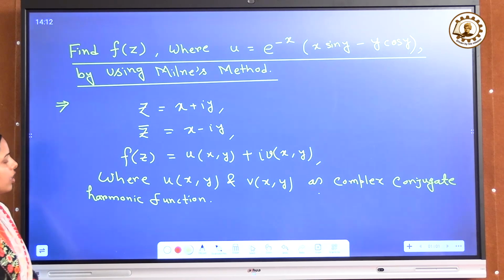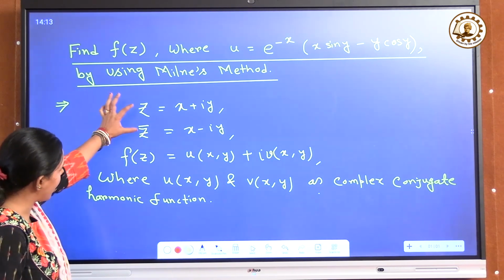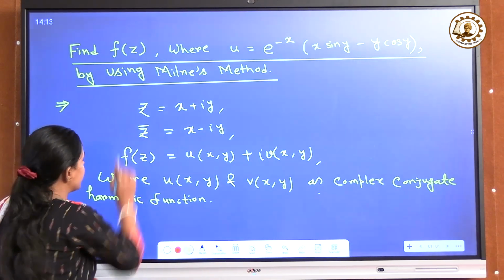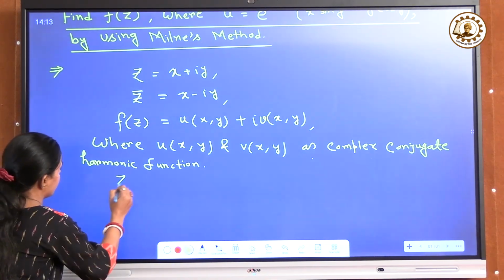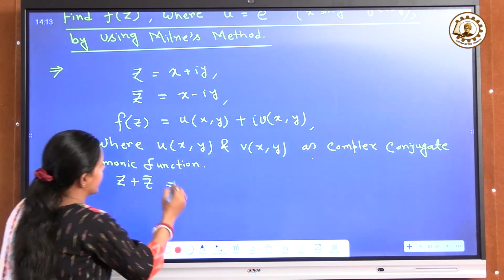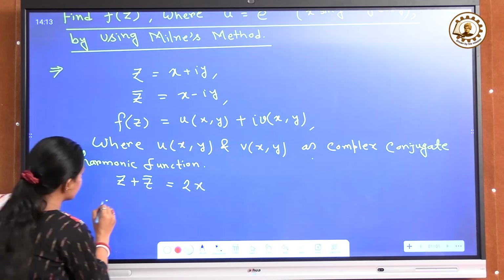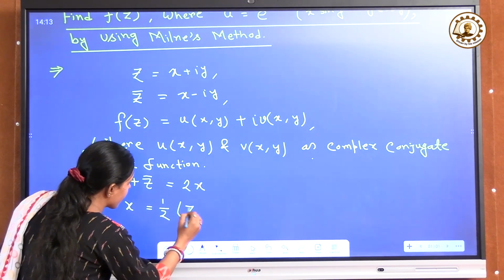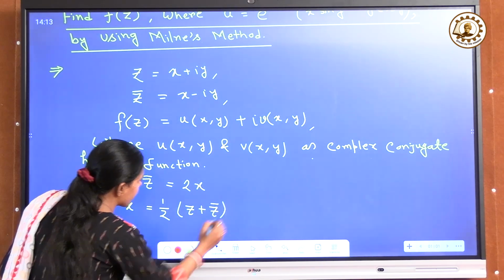Now we do addition and subtraction. At first z plus z bar. What do we get? 2x. So the value of x is equal to half of z plus z bar.